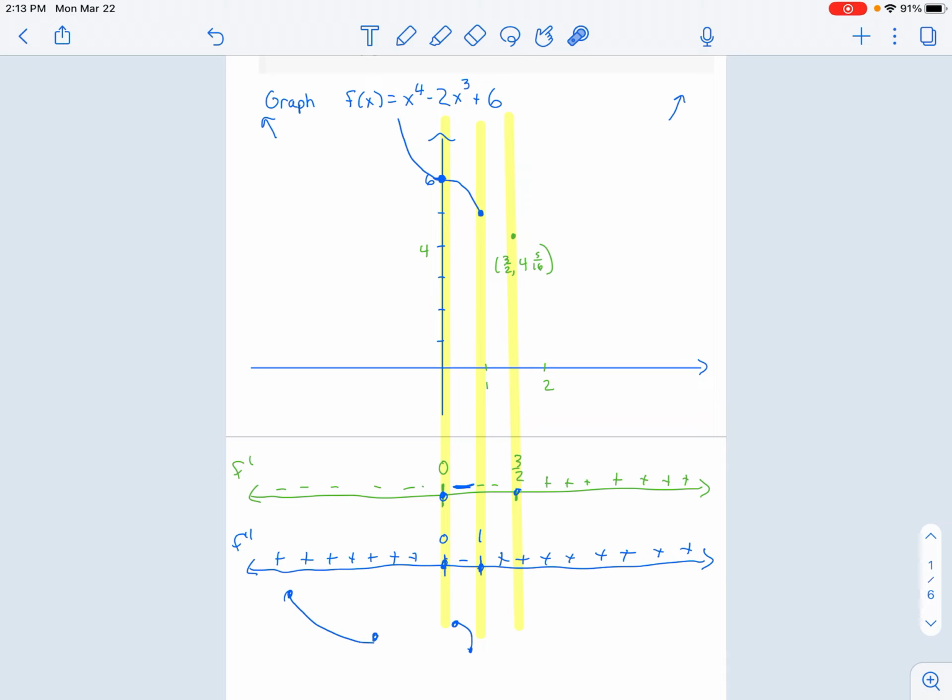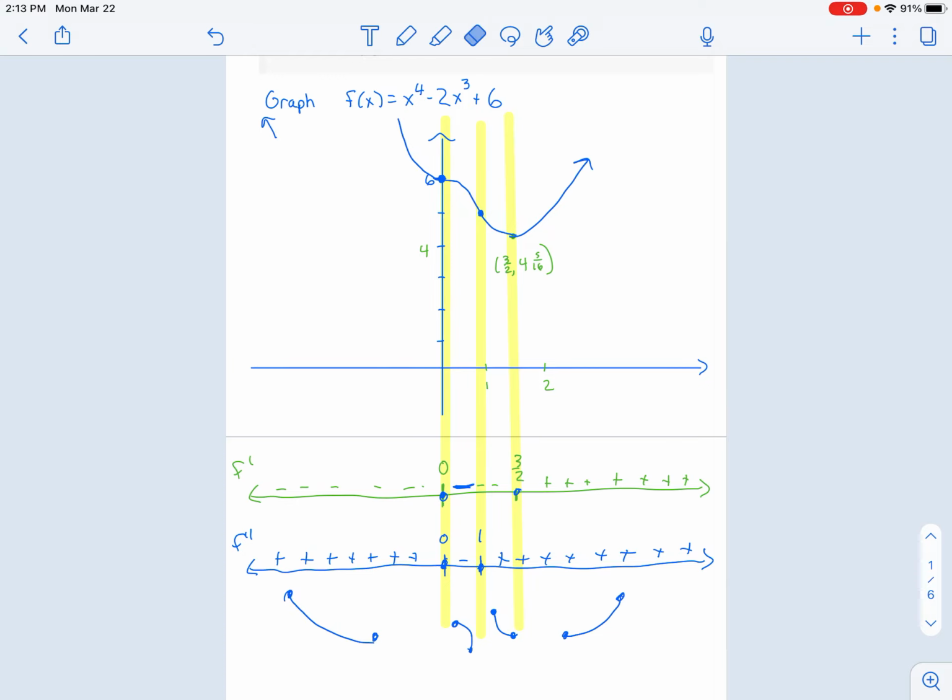A horizontal tangent line, and we had a 0 slope there, so that's good. Then we come down to this next region here. We're decreasing and concave up. Decreasing looks like this. Concave up looks like this. So we're coming like that. And then now we're going to be finally increasing and concave up. So we're coming up like that.